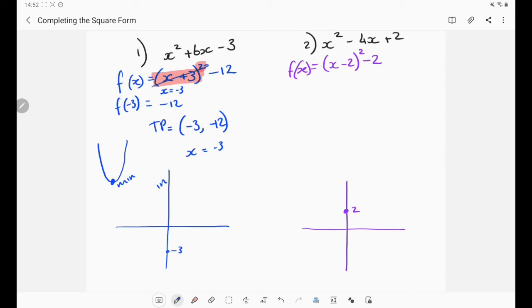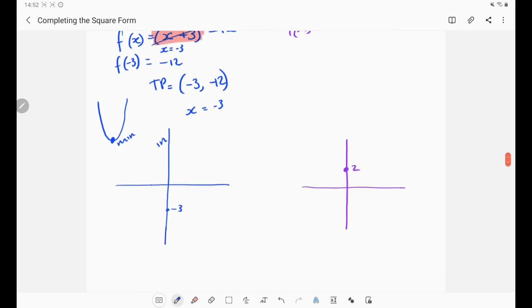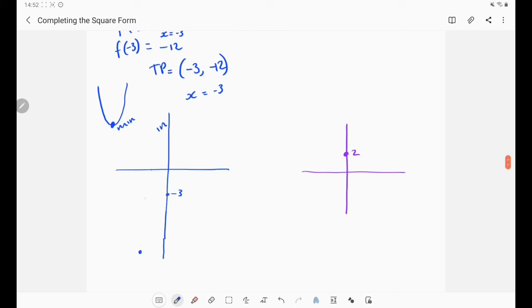You would mark those on your graph. So your turning point is at 1, 2, 3. And because you get to make the rules, you're going to have to extend your graph a little bit. And minus 12 will probably be somewhere down around there.